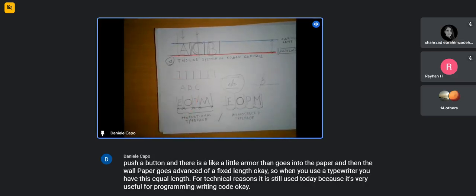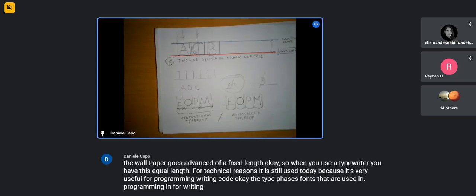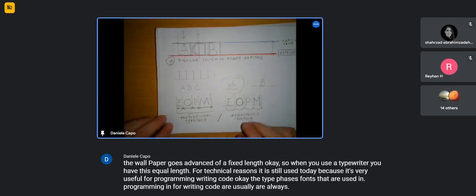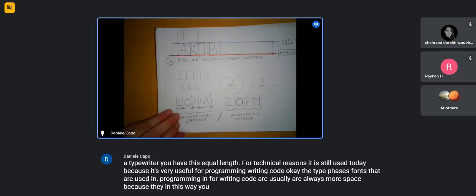Okay, the typefaces, fonts that are used for writing code are always monospaced, because in this way you can align your code in a nice way, and it is more understandable.